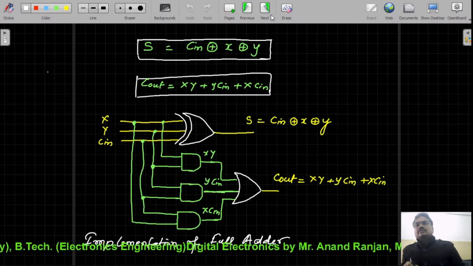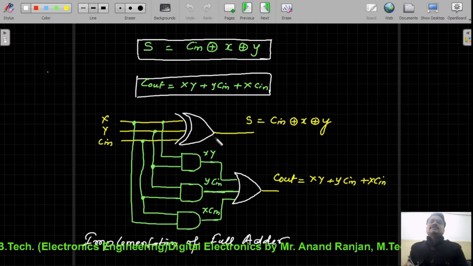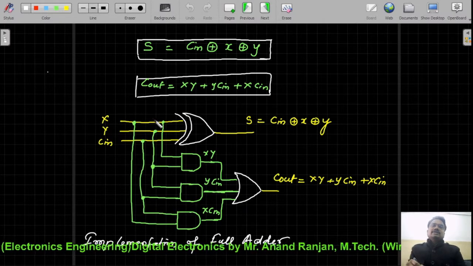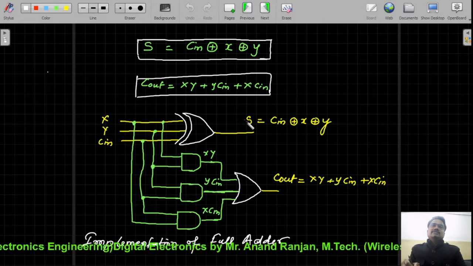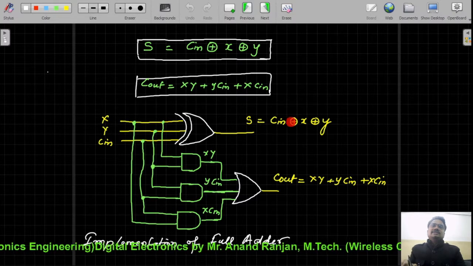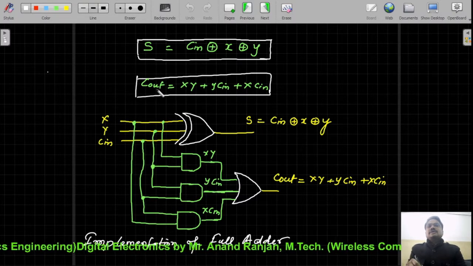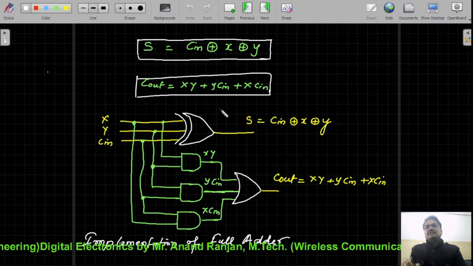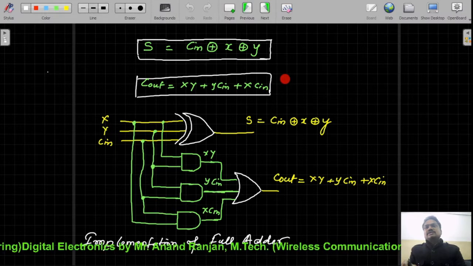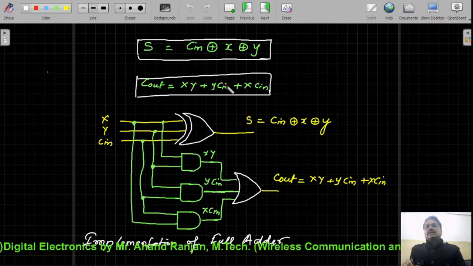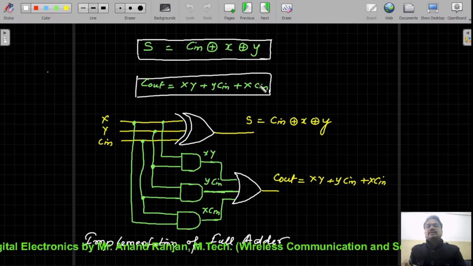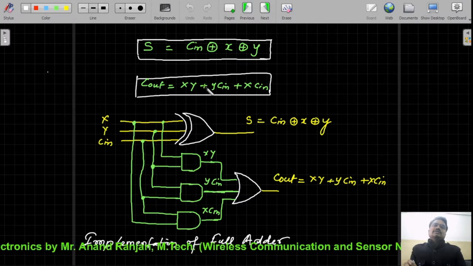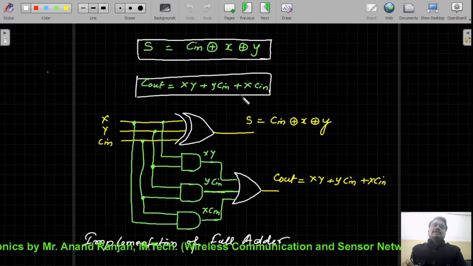As you can see, these expressions require XOR gates in which the inputs are X, Y, and Cin, so we implement our S expression in this way. At the same time, the Cout expression is an SOP expression with three product terms being ORed together, with two OR operations.